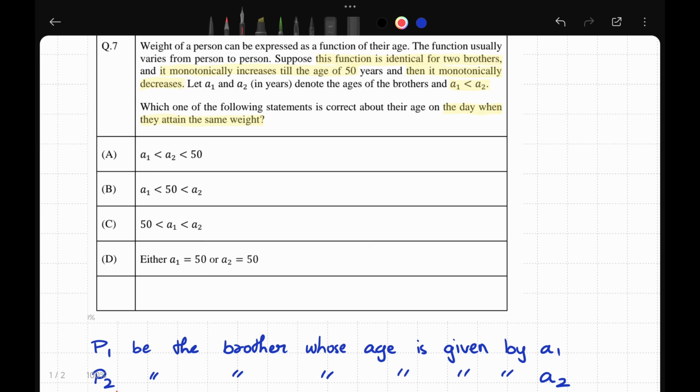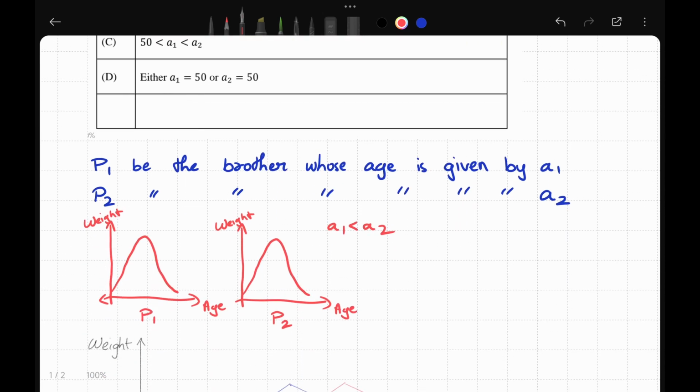and the function monotonically increases and then it monotonically decreases. So what that means is, if we take a monotonically increasing function, the function either increases or it stays constant. That is, as x increases, y either increases or stays constant. It cannot decrease.